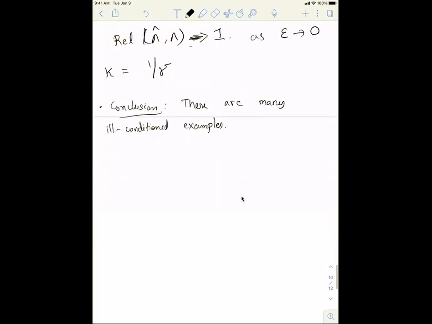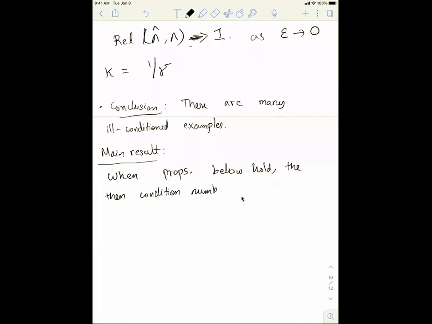Okay, so the main result of the paper, or one of the main results, is that when the properties below hold, then the condition number is bounded by O of n squared.